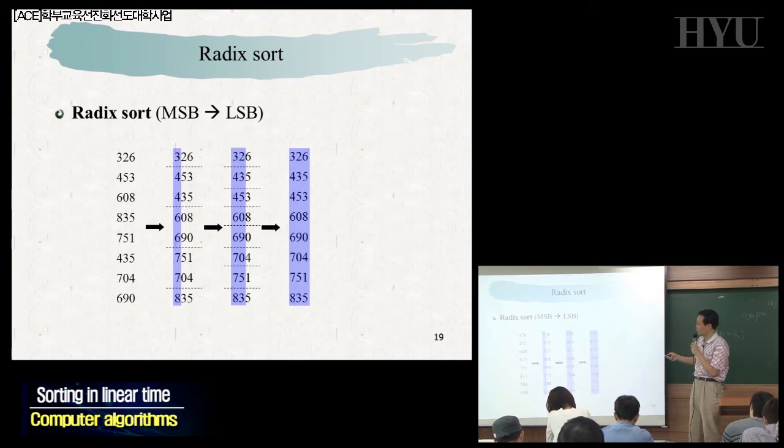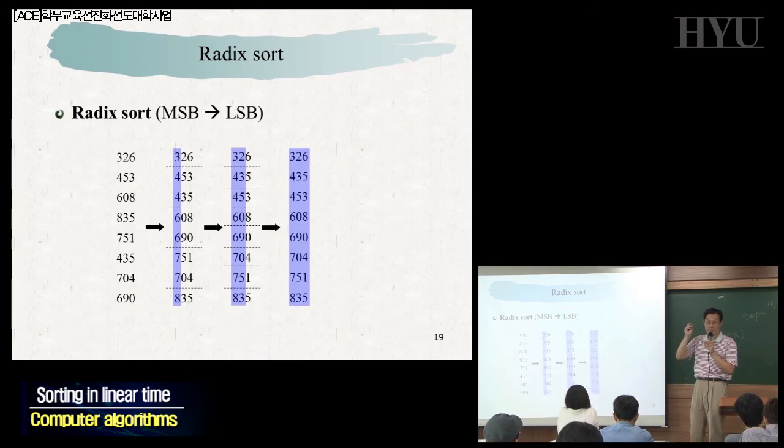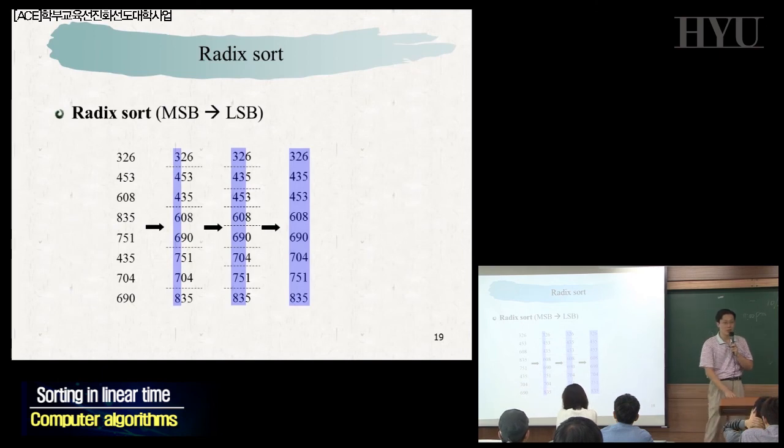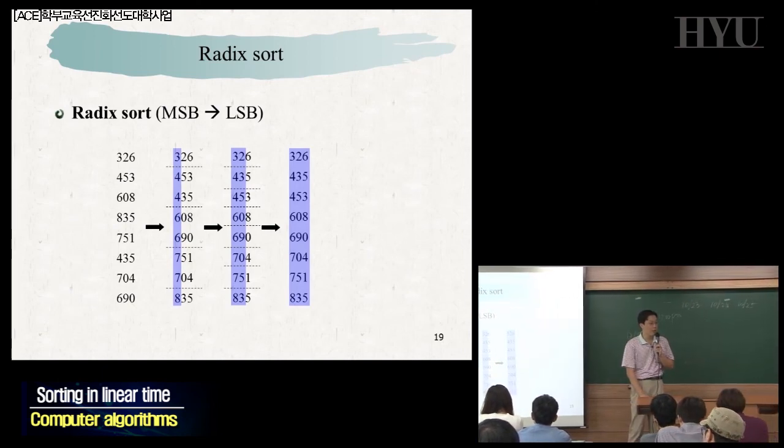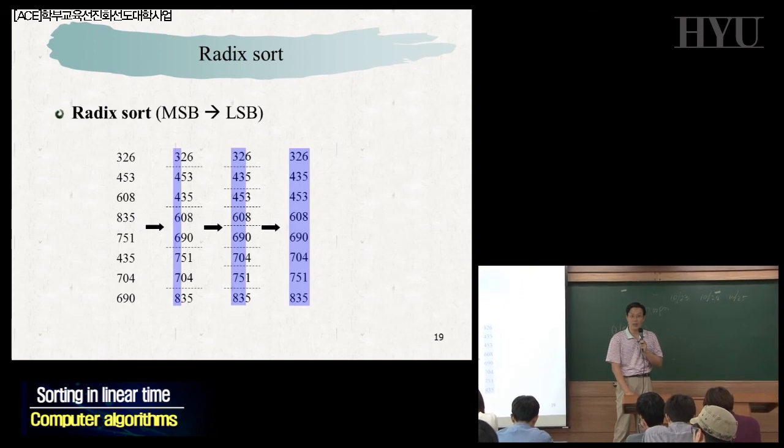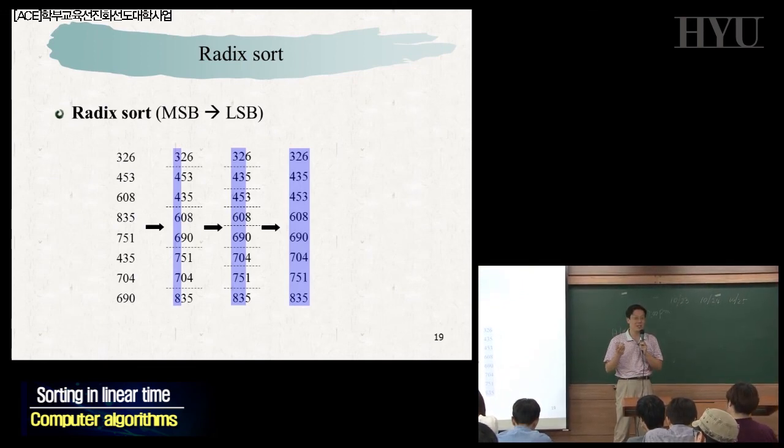And then in each group, they are further sorted by their second digit. So in the second radix sorting, we don't look at the first digit. We look at only the second digit. And finally, we look at the last digit and finish sorting. And it's quite straightforward, okay? And you can understand easily.